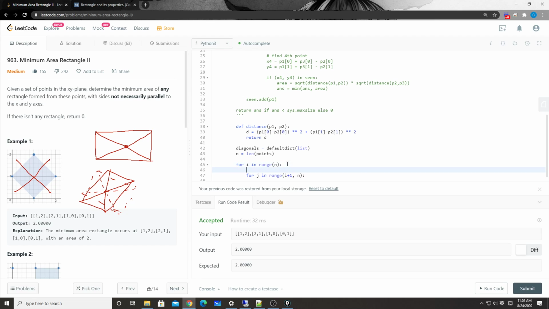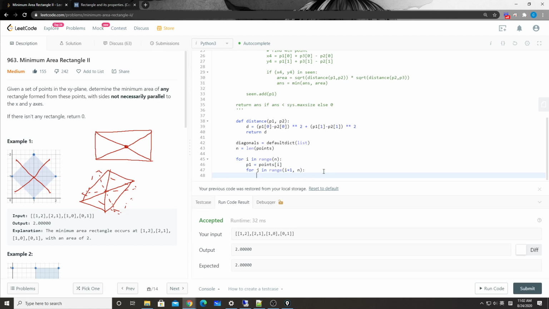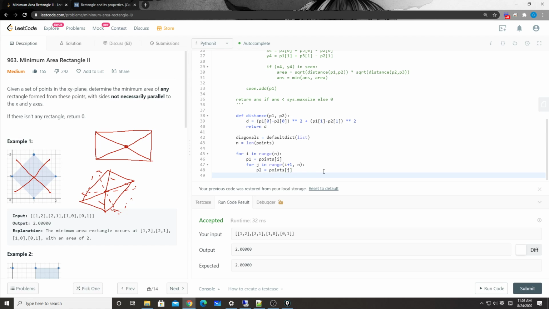So p1 equals points i, and then p2 equals points j. So the center x, right? What's the center x? The center x is p1 0 plus p2 0, divided by 2. Okay, so we need a parenthesis here.